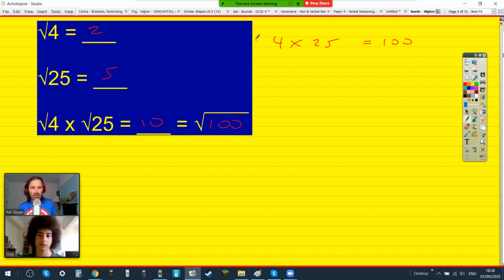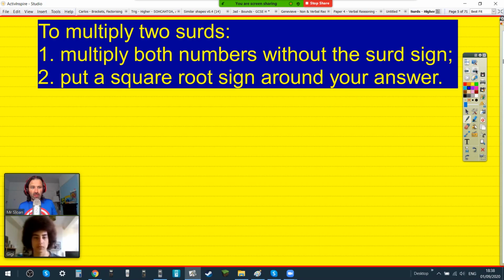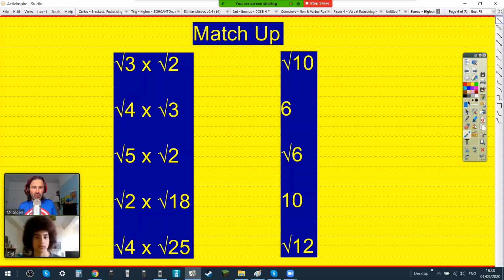And so square root of 4 times square root of 25 gives you the square root of 100. And what that shows you is the square root of anything times square root of anything else is the same as the square root of the two of them multiplied, with the sign around it.